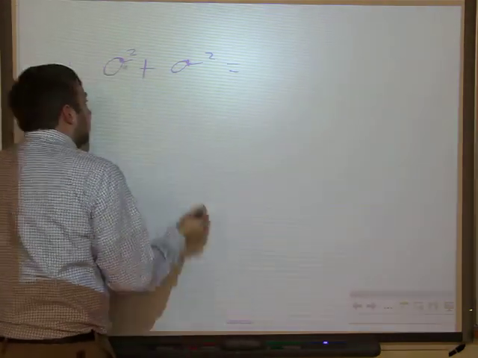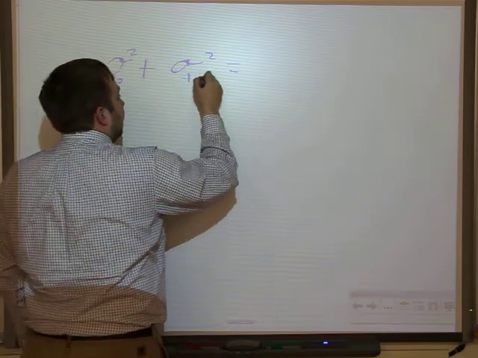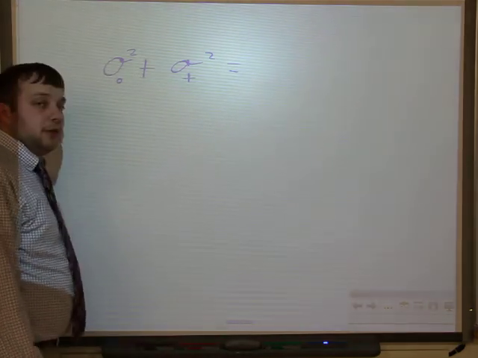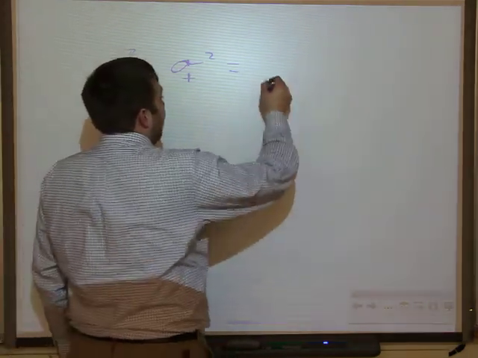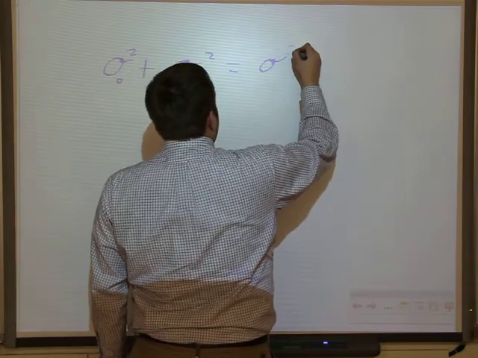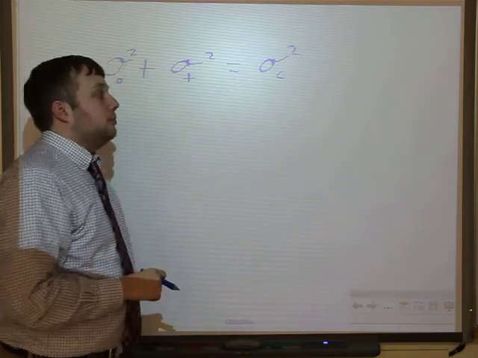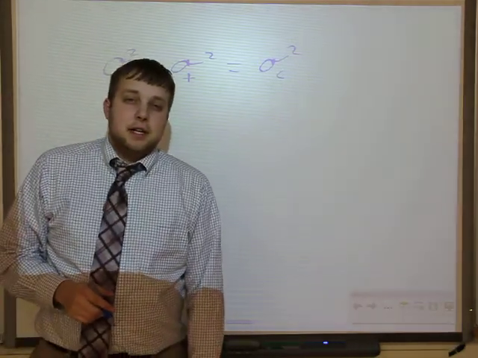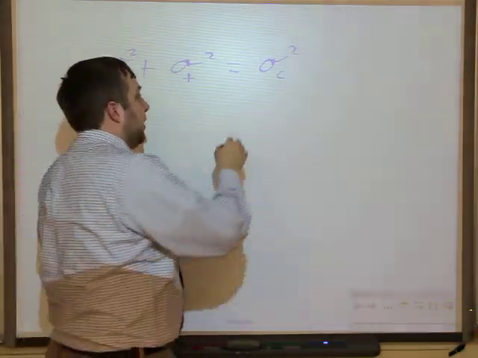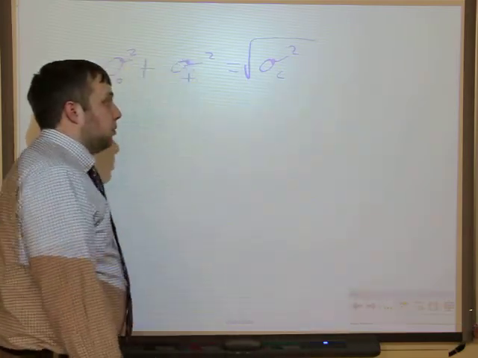Say girls and guys. If I want to add those standard deviations together, that's going to give me the standard deviation combined of girls and boys. That's going to give me squared, so I would naturally have to square root it.